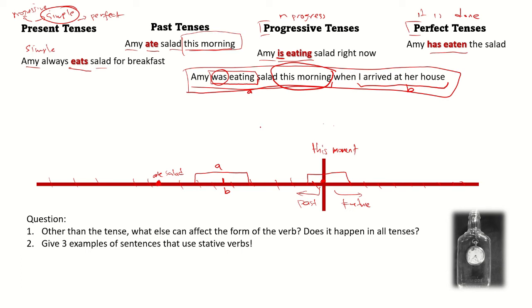So if you want to express an action that happened in the past and when that action is still in progress and another action or another event occurred, interrupting the first action, I suggest that you use the past progressive tense.